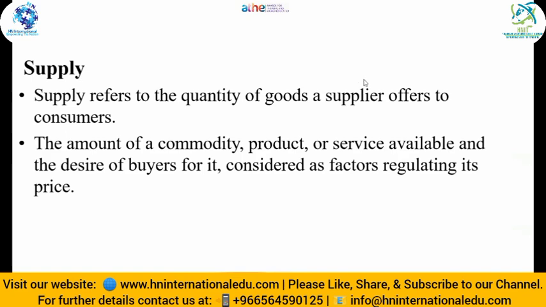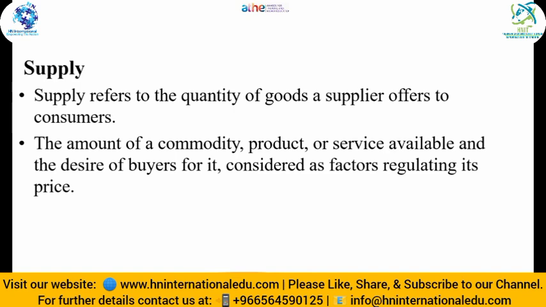Supply refers to the quantity of goods a supplier offers to the consumers, or the amount of a commodity, product, or service available and the desire of buyers for it, considered as factors regulating its price. So supply is the quantity of goods or a service that a supplier can offer to the consumers, or you can say a shopkeeper, a businessman, or a distributor can offer to the consumer.